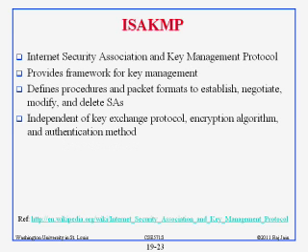Next is ISAKMP. So ISAKMP stands for Internet Security Association and Key Management Protocol. And it basically provides what to do to create new associations. So this is a protocol.